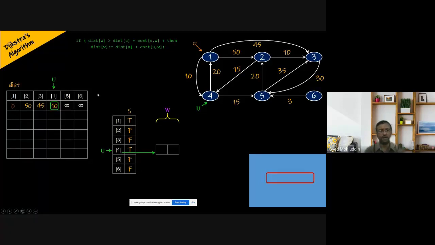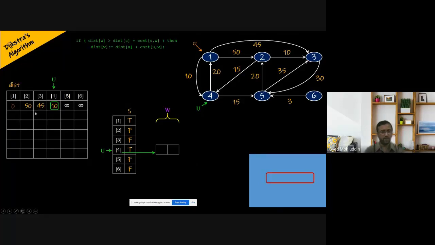Then we will maintain another array known as dist, which stands for distance. Now remember, S is a single array with these indices, but dist is looking like a matrix. This is not actually a matrix, it's an array.